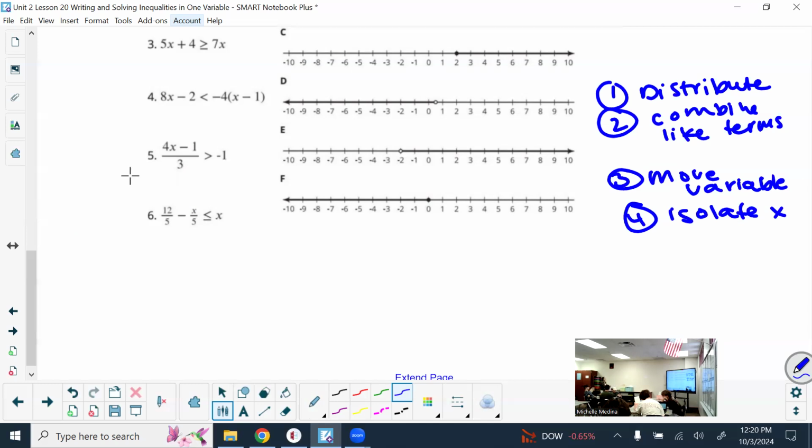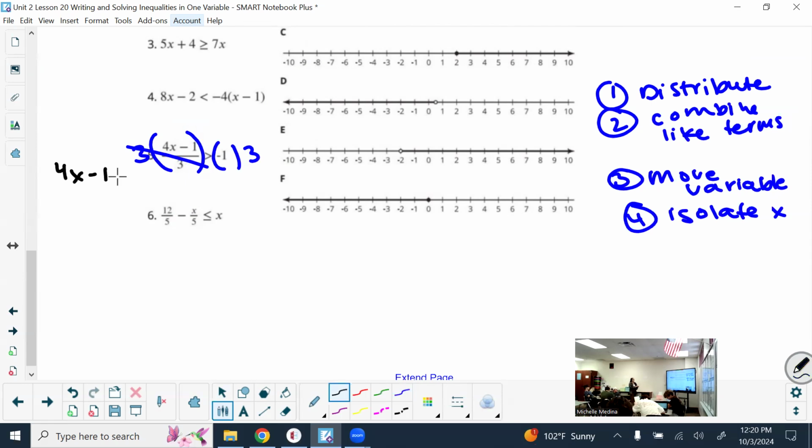To get rid of it, I would multiply by 3 because to break up any fraction, if you multiply by the denominator, it's no longer a fraction. That's what we're going to do. And then it's a rule about whatever you do on one side of the symbol, that's what we're going to do here. So this makes it no longer a fraction.